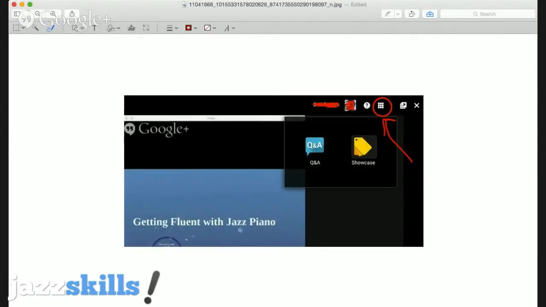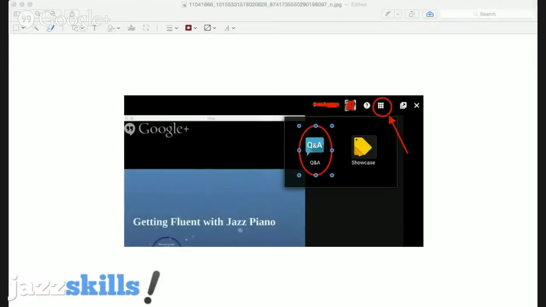You cannot, by the way, see that if you're on an iPad or a mobile tablet, any sort of device like that. Otherwise, you should be able to see that, and then you can see the apps that are enabled for the session, and that's the Q&A app, okay? From there, you should be able to ask a question. So let me stop screen sharing and get back to me, and here I am.